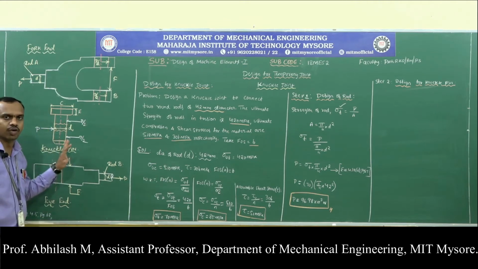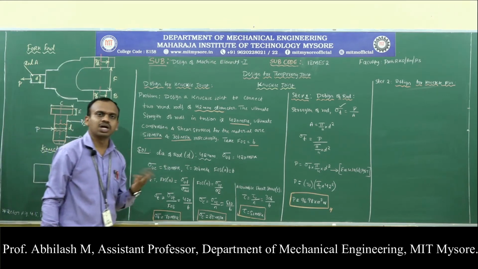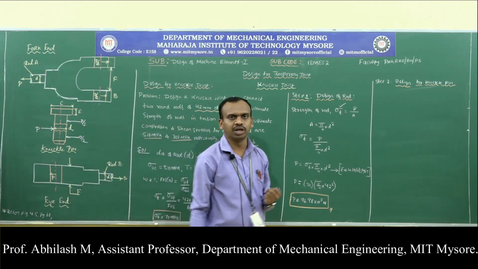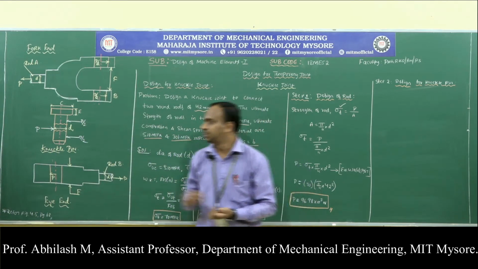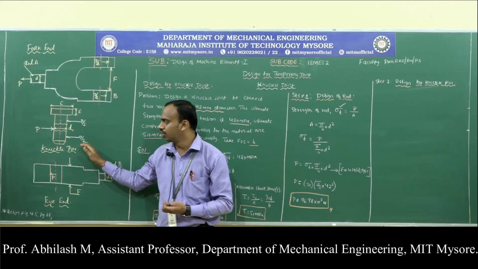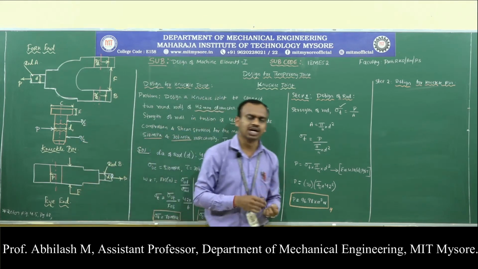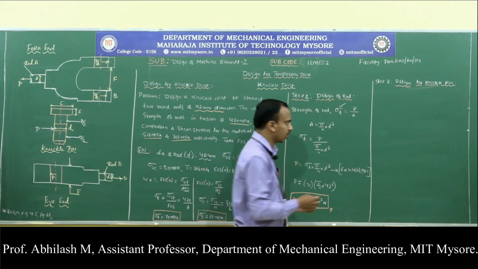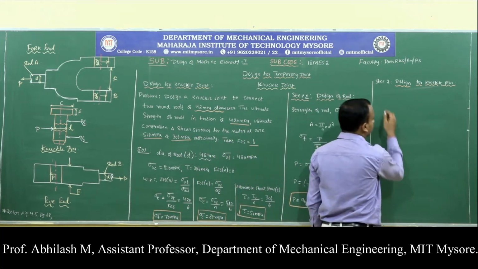So it is undergoing double shear. So what is the design equation that we are supposed to make use of? It is the shear strength. It is undergoing shear failure, so we are supposed to make use of the shear strength equation. So what is the equation?